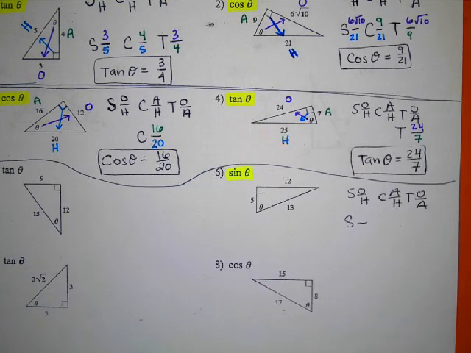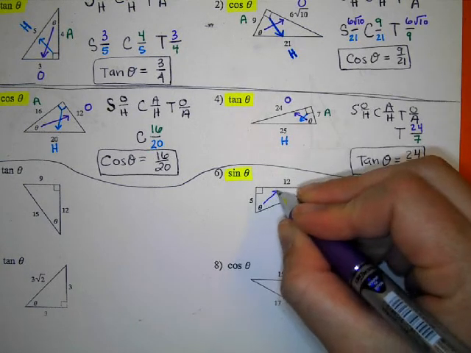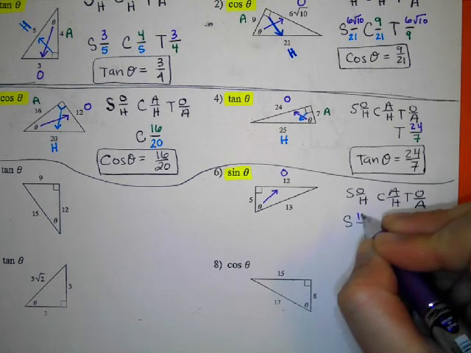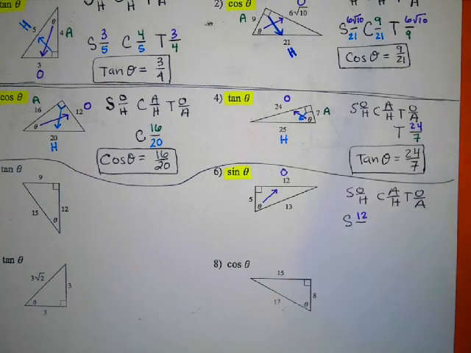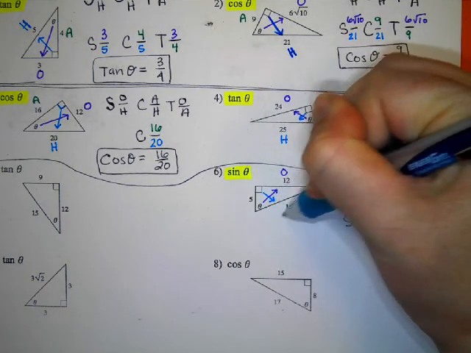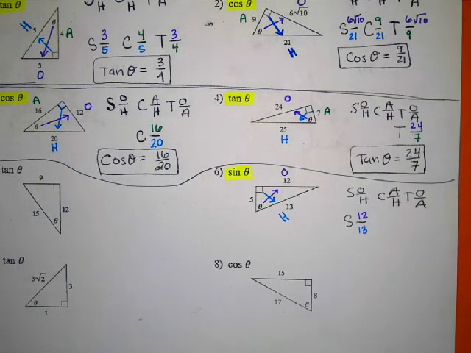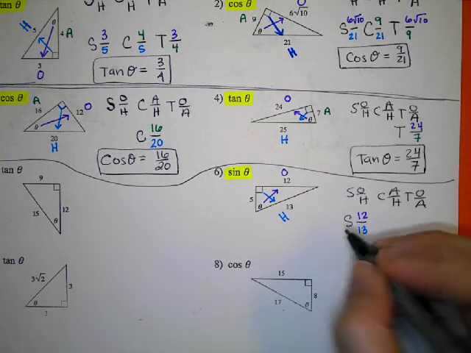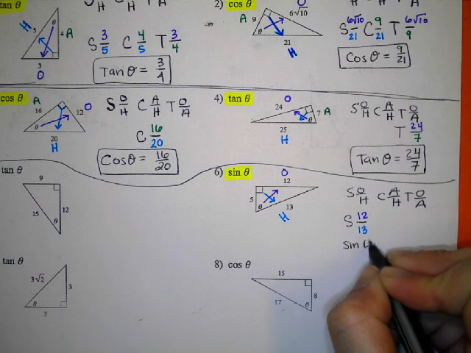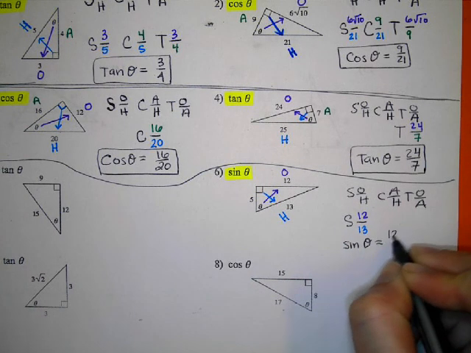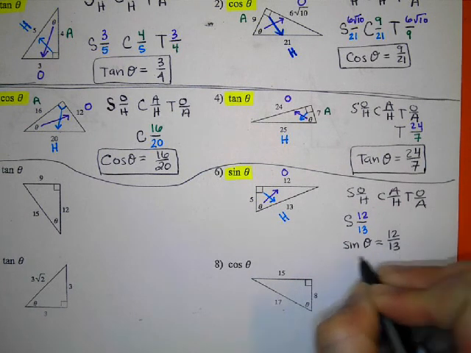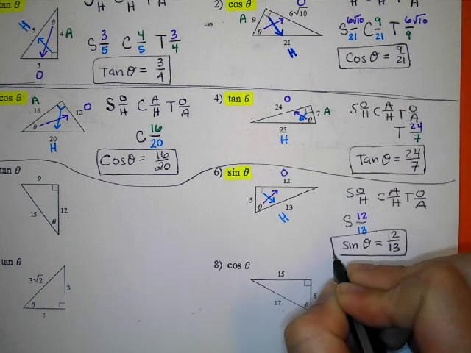S is O over H, which means I need the opposite side and I need the hypotenuse. Sine of theta equals 12 over 13.